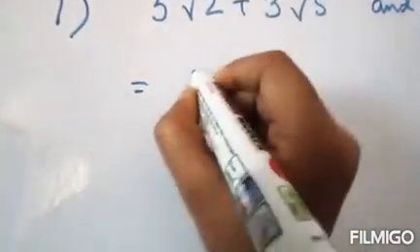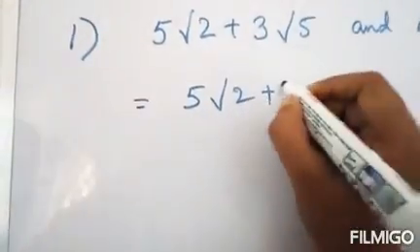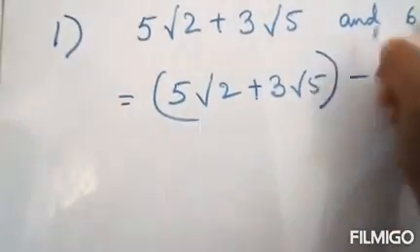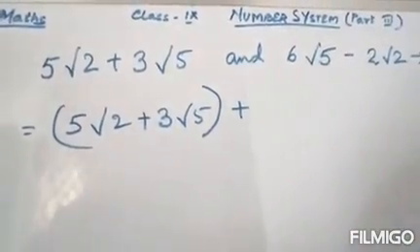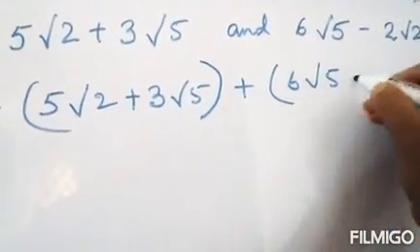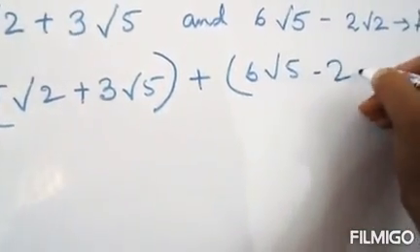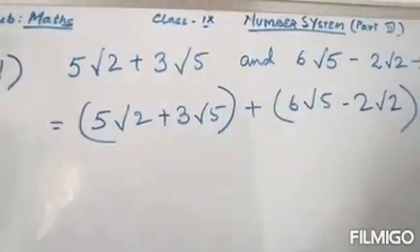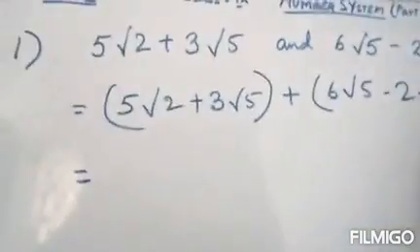First, you will write the first number that is given, and as it is addition, you will put the operator in between them. Then you will put the second number. Now this is very difficult.